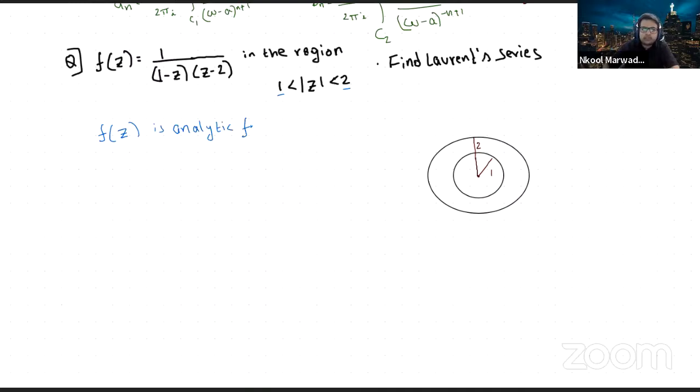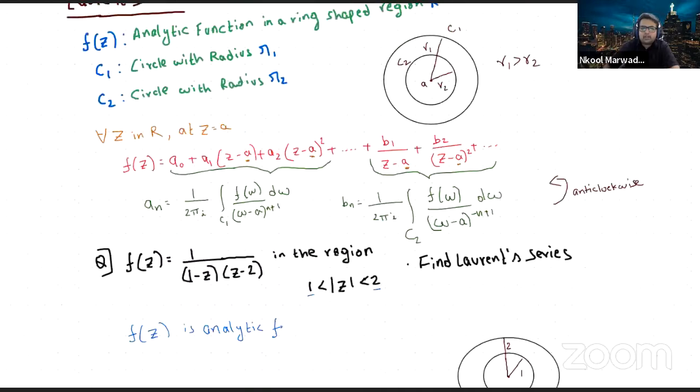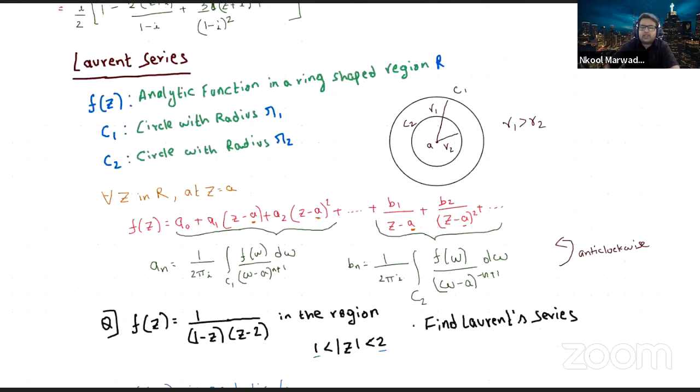When we were proving this, or looking at this formula, it is an assumption we are taking that the f of z which we are trying to expand is analytic. It has to be analytic. It's an assumption.